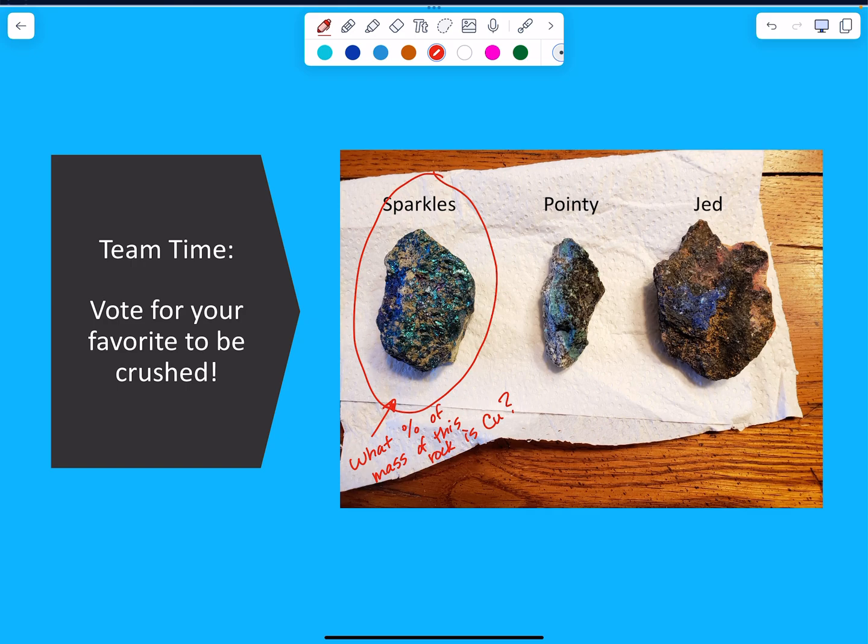That's your goal. How are we going to do that? Well, the rock was ground up and it was dissolved in nitric acid, and that causes the copper to go into the aqueous solution. Any remaining insoluble material was filtered out, and so you have this pretty blue solution.